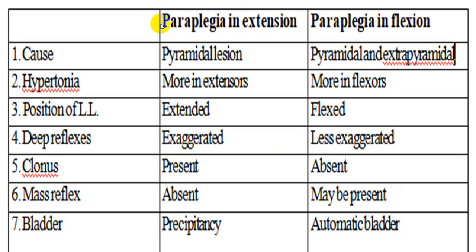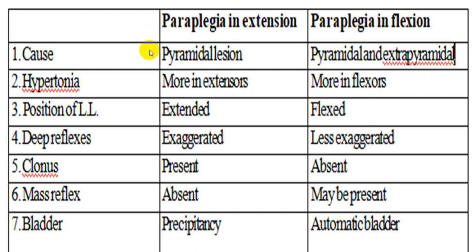Now there is something called as a paraplegia in extension, paraplegia in flexion. We'll be also talking about this in chapter of paraplegia. This will happen if there is a complete transection above L1 level. As far as the vertebral level is concerned, it will be above T12 level.